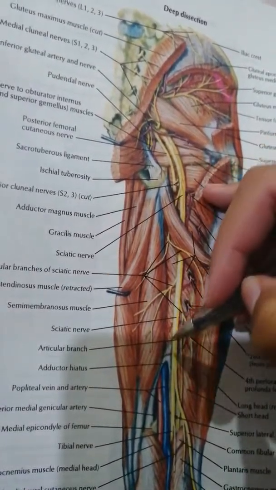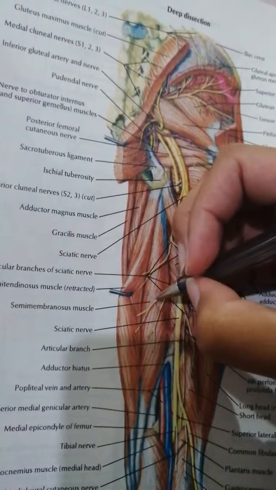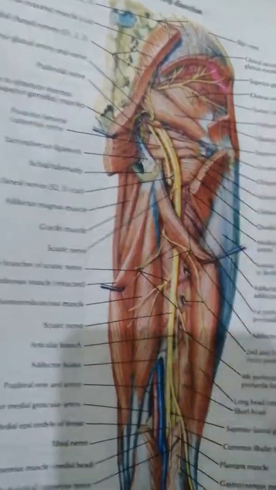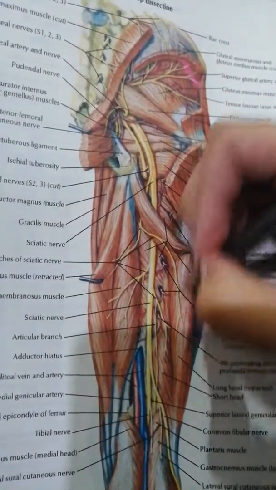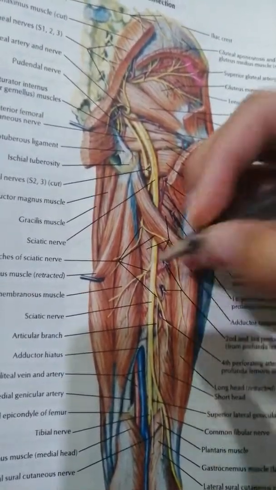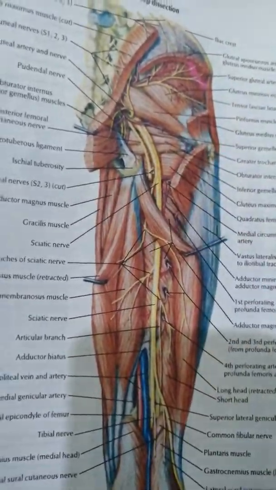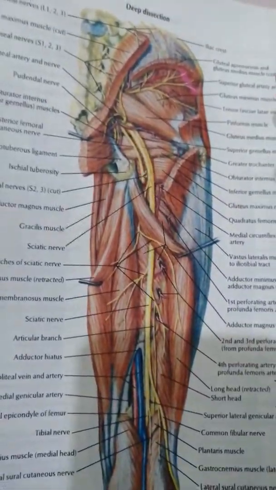Medial to the sciatic nerve in the thigh, we will have the semimembranosus, and on top of it the semitendinosus, and lateral to it we will have the biceps femoris, and in parts over it we will also have this again. So what about all of the branches?